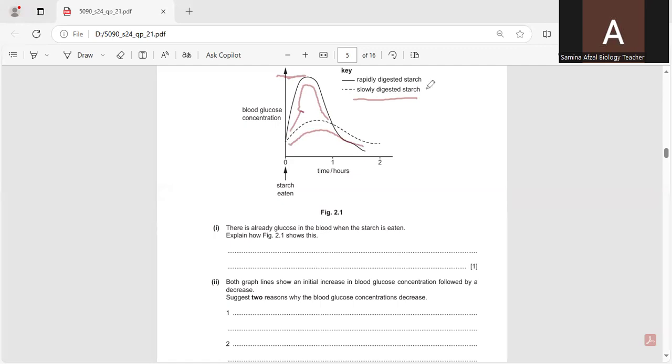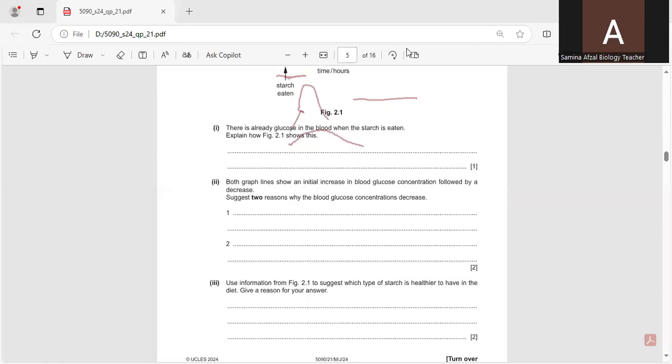Now we will move towards the question, and we have to write the answer. Suggest two reasons why the blood glucose concentration decreases. We have to write why it is decreasing. It means that glucose is used in respiration, so it is decreasing.